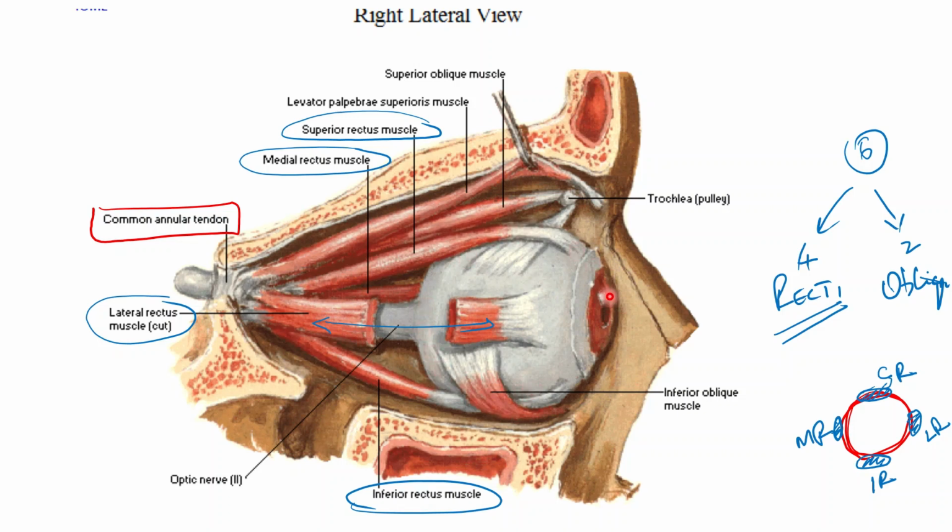The insertion of all the 4 recti muscles is onto the sclera in front of the equator, just behind the sclerocorneal junction, in a spiral manner all around the sclerocorneal junction.